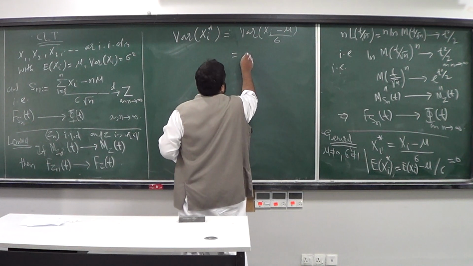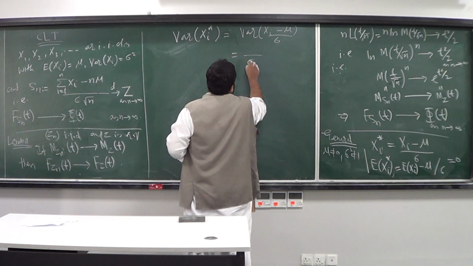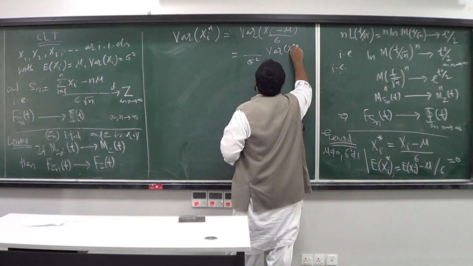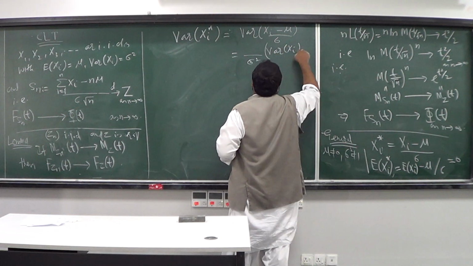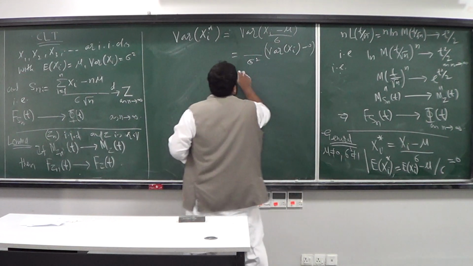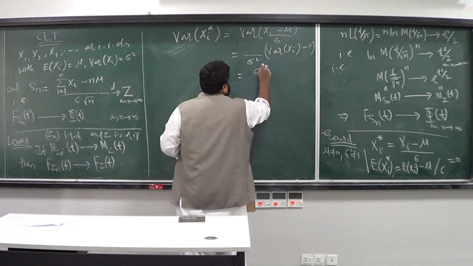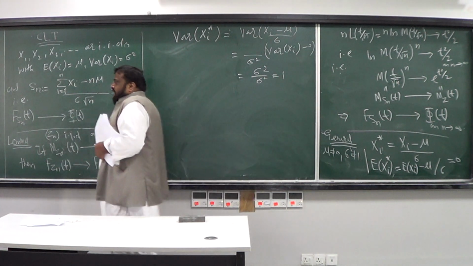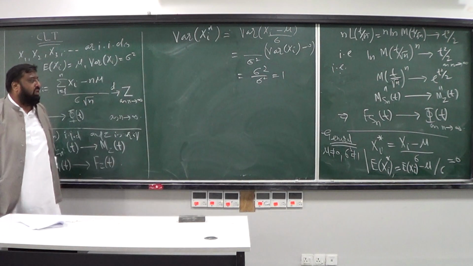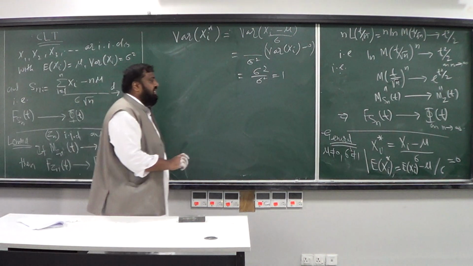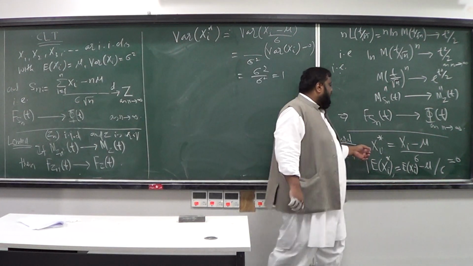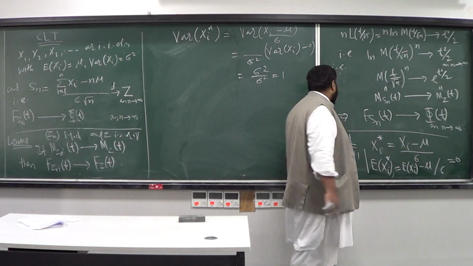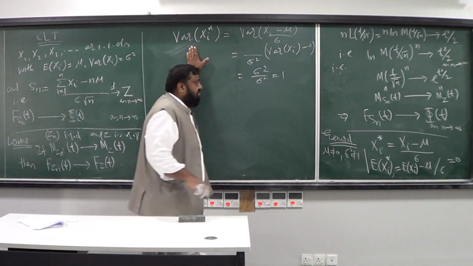You pull out the sigma, so sigma squared, and it is going to be the variance of xi minus the variance of mu, which is 0. The variance of xi is sigma squared, over sigma squared, which is 1. So what do I know about xi star? Xi star is a standardized version of xi, and it has mean 0 and variance 1.